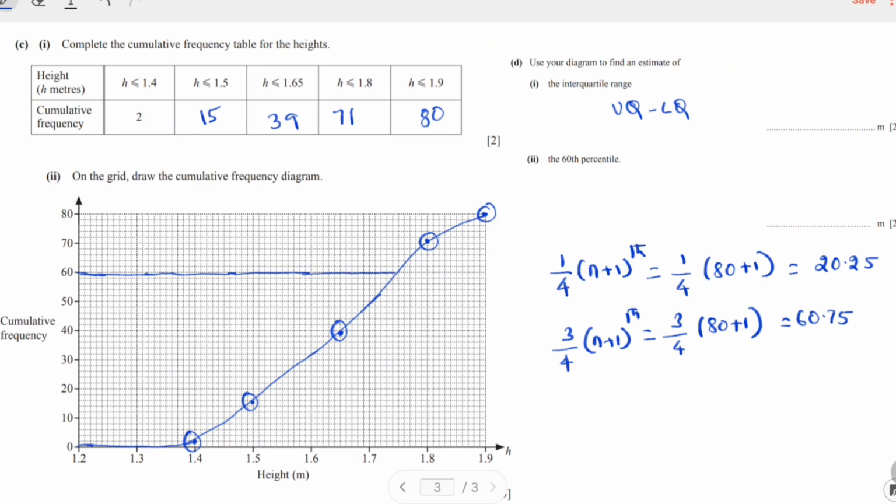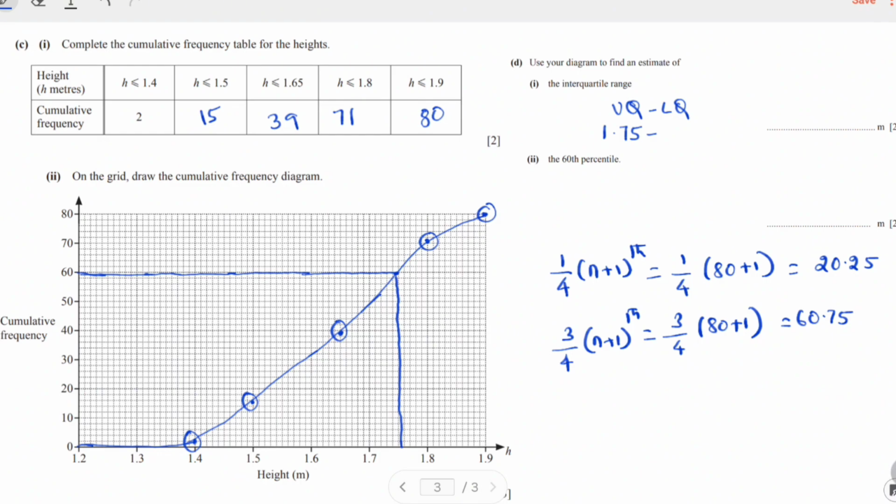I make this horizontal line meet the curve and drop a vertical line from this to meet the x-axis. So the upper quartile I got as 1.75.